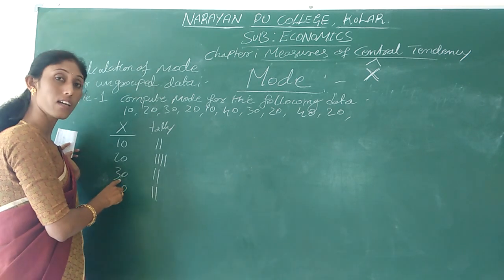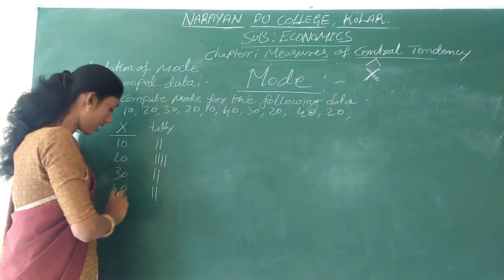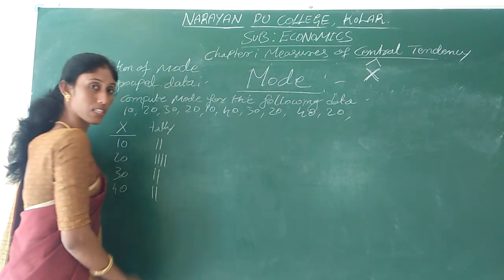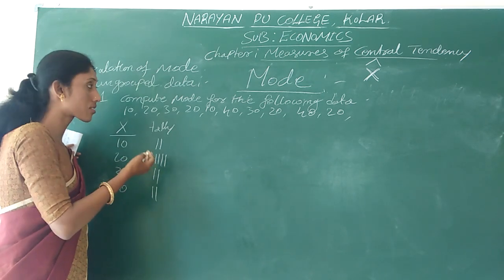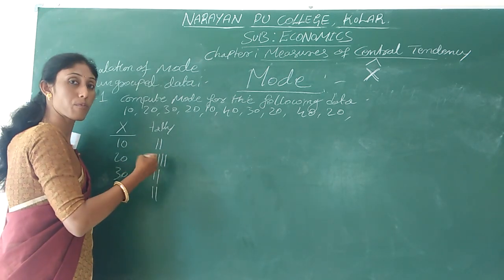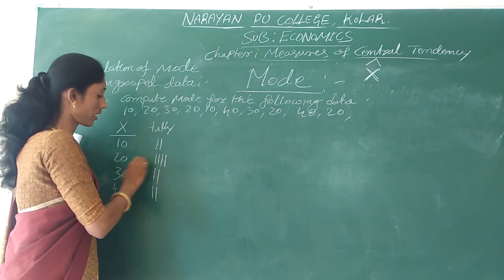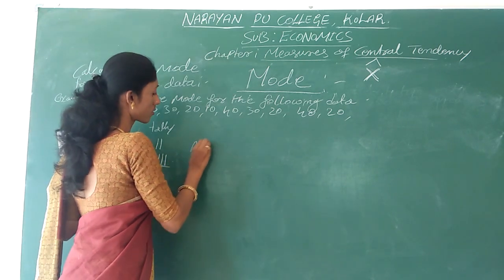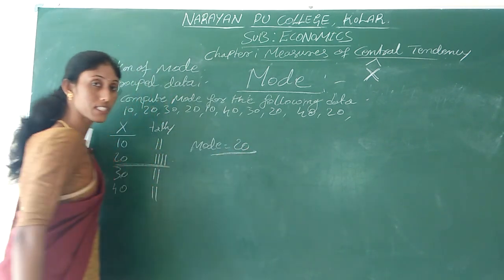In the same way, 30 has appeared 2 times and 40 has appeared 2 times in the data. Then which is the more frequently appearing data in this? The more frequently appearing value in this data is 20, right? Then mode is 20. You got the answer?